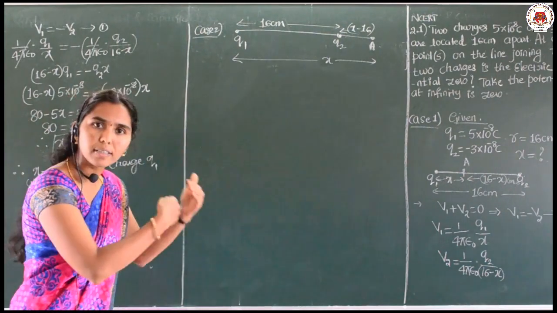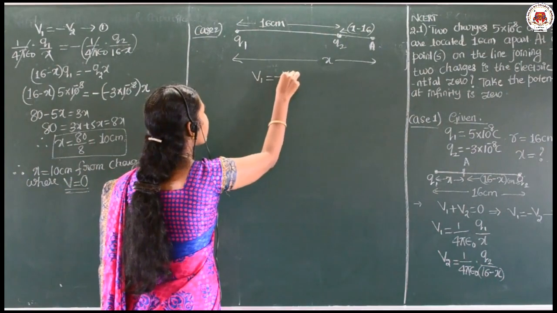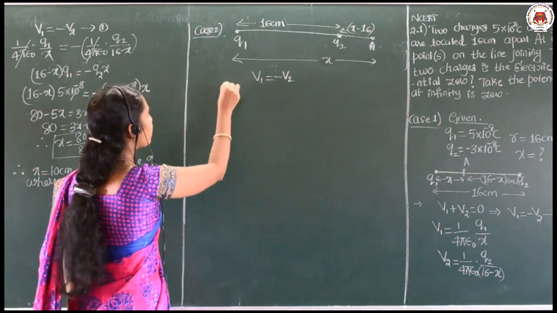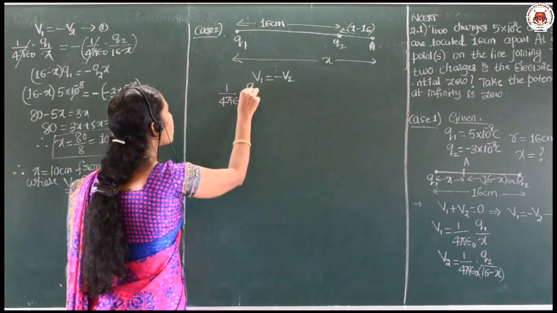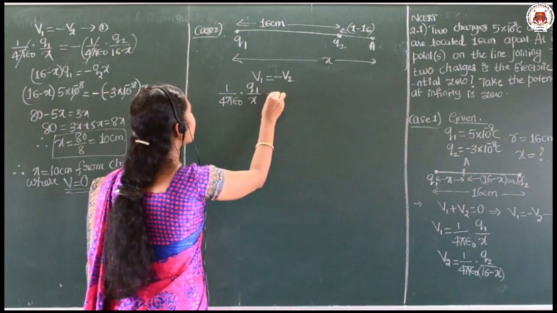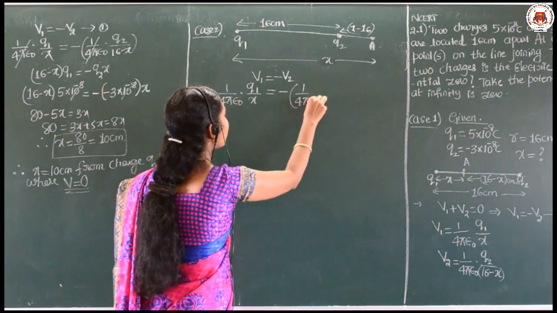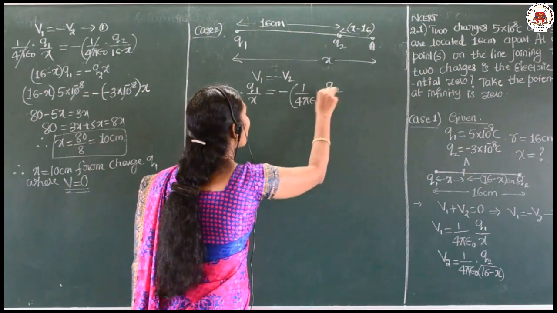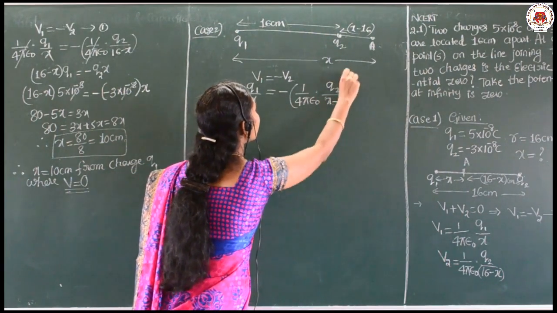Again the same steps: V1 is equal to minus V2, and V1 is the same thing, 1 upon 4 pi epsilon naught q1 upon x, equal to minus 1 upon 4 pi epsilon naught q2 upon x minus 16.